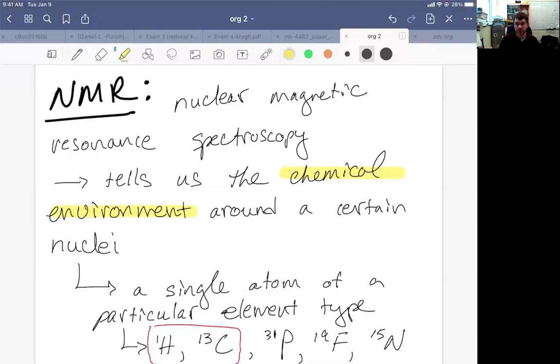If you notice, as I'm listing the elements down at the bottom of the page, I've got their atomic mass listed as a prefix in front of the element. That's important because there are sometimes different NMR techniques for different isotopes of an element. For example, deuterium, or 2H, is hydrogen with just an extra neutron, so its atomic mass is actually 2 instead of 1.